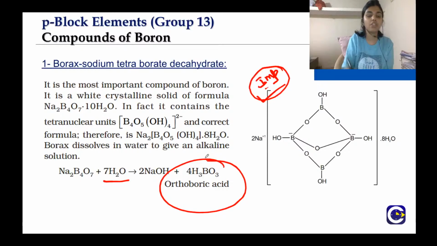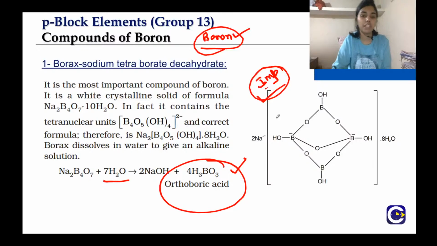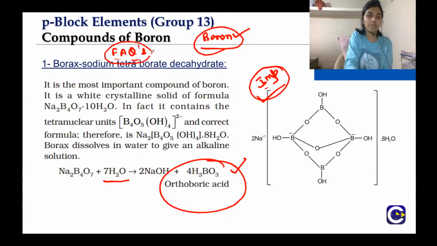Orthoboric acid, which is another important compound that we need to learn for boron. Again, I am repeating that boron compounds are very important from the examination point of view: their structures, their properties, their preparation. Basically, this is the area for FAQs, that means frequently asked questions.